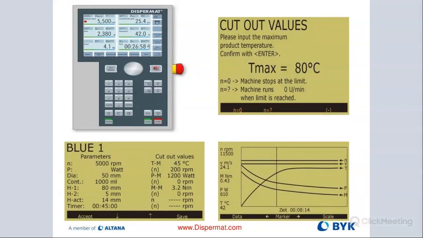We can program cutoff values with our higher end model, meaning that, let's say, we don't want our material to exceed a certain temperature, we can program a number of values and say a warning. Let's say we want to have a cutoff at 80 C. We can warn at 50, 60, 70, and then at 80 it shuts off the machine, or we can program it to run at a different speed.